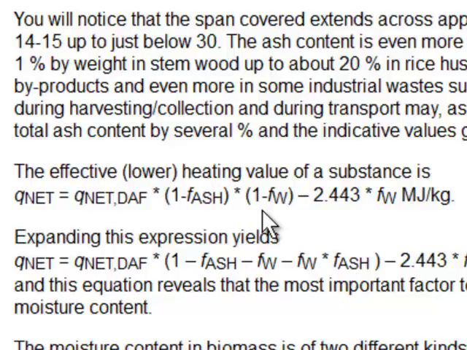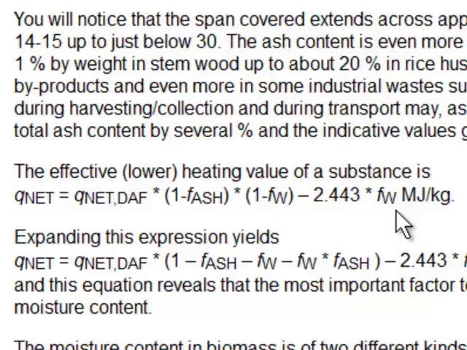But then there is a second term. From that we subtract 2.4 multiplied with the fraction of water in the fuel. That means that the water content of the fuel comes in twice.